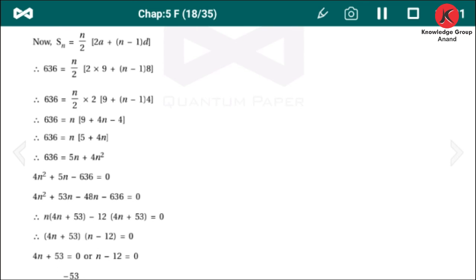Then we get a quadratic equation here, 4n square plus 5n minus 636 is equal to 0. Its factors are 53 and 48. 53n minus 48n minus 636 is equal to 0. Then we get two factors, 4n plus 53 and n minus 12 is equal to 0.